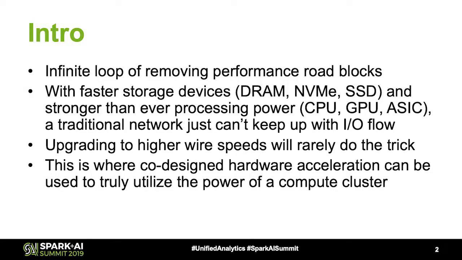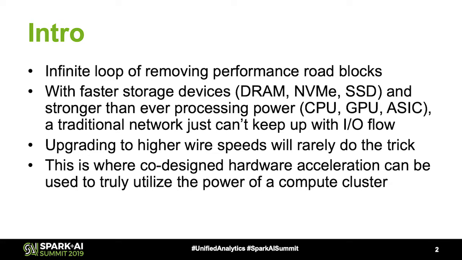So to give an intro to this, most of you working on big data AI platforms are very aware of this infinite loop of trying to remove performance roadblocks and improve the overall utilization and job runtime. Now, with faster storage devices such as DRAM, NVMe, SSDs, and the stronger than ever processing power that is available today in different platforms, the traditional network can just not keep up with the I/O flow of this type.